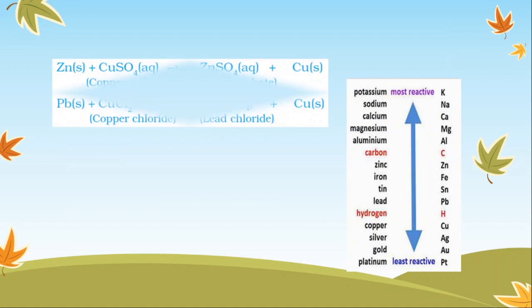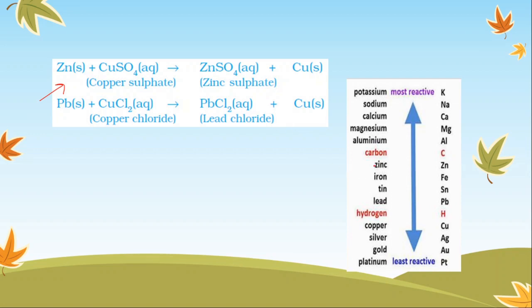Some more examples of this in our text are zinc and copper sulfate. Now just try to find out the positions again. Zinc is lying above, and copper is lying down in the activity series, and we know that the metal lying above in the activity series can displace the metals lying down from their solution. So this is the formation of zinc sulfate and copper from zinc plus copper sulfate.